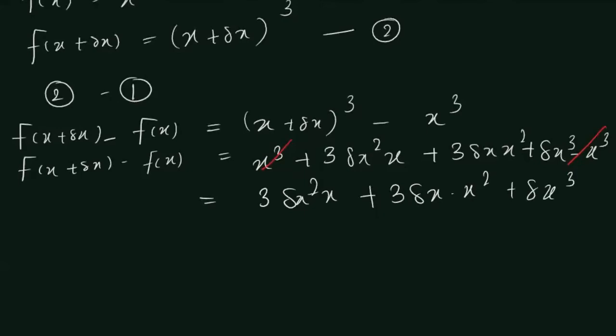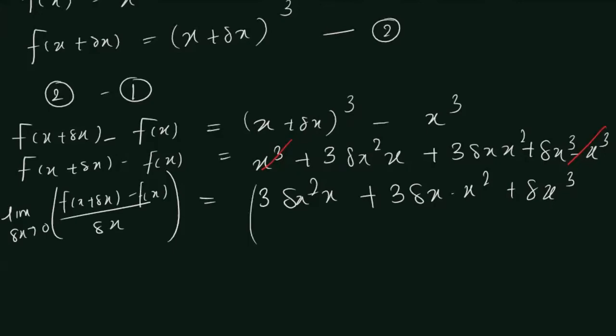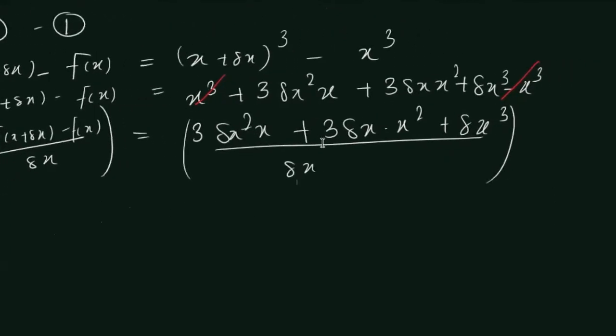So what we can do is we can simply apply limits. Δx goes to 0, f(x + Δx) minus f(x), divide both sides by Δx, and we will apply limits also.